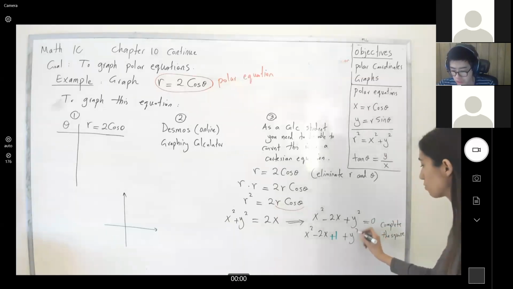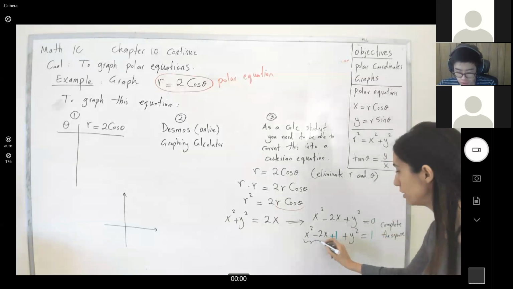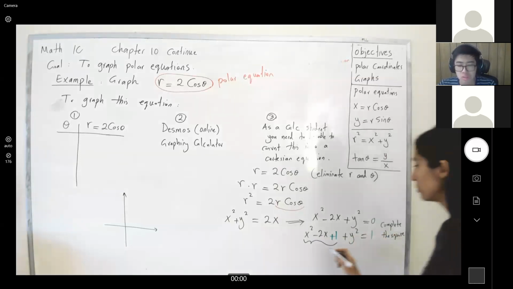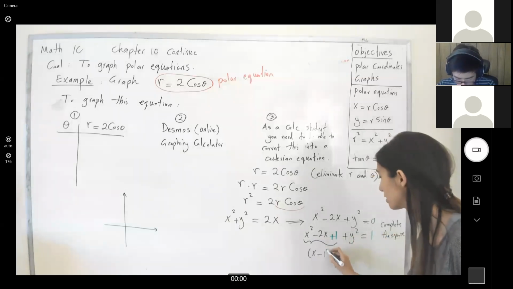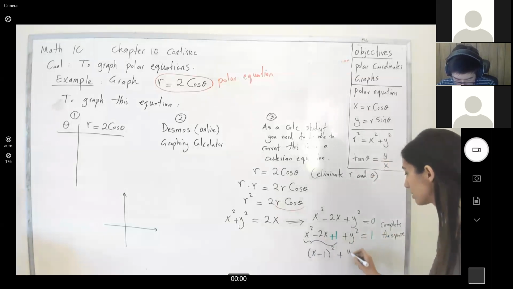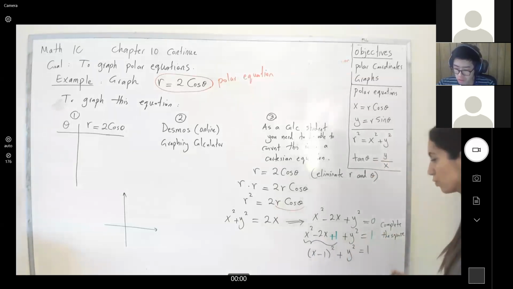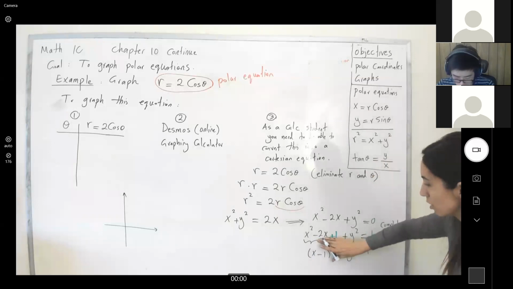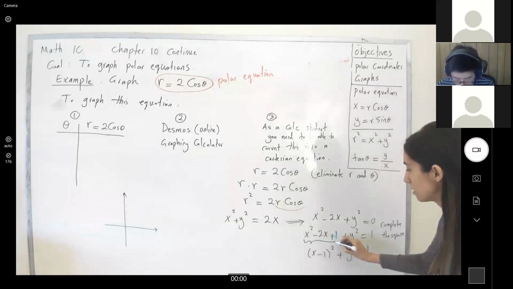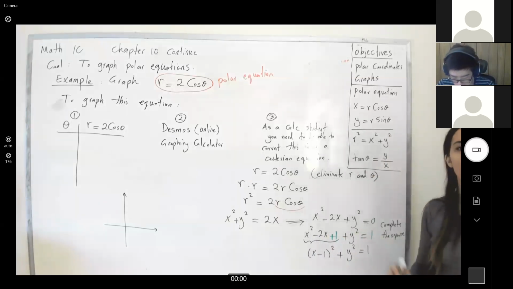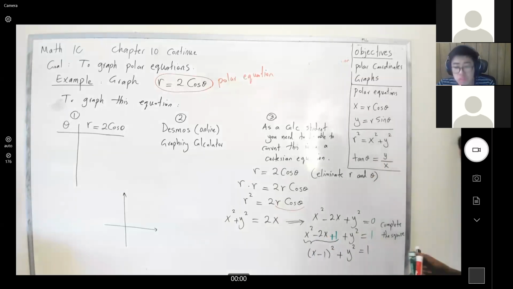Just completing this square. And if I write it in compact form, it is x minus 1 squared plus y squared equals 1. So this equation is nothing but a circle centered at (1, 0) with radius 1.